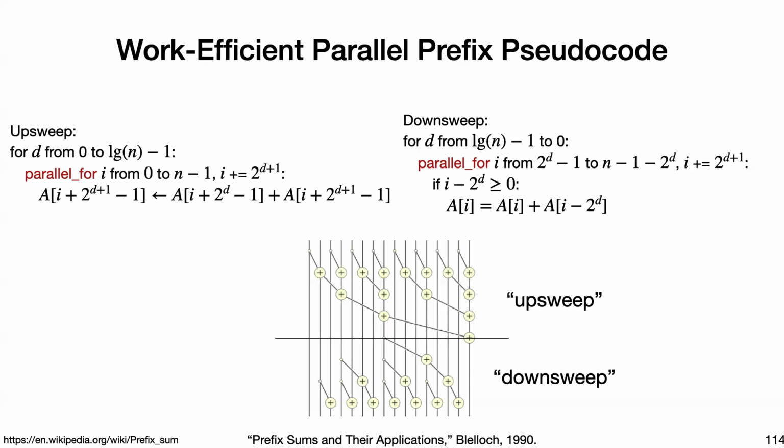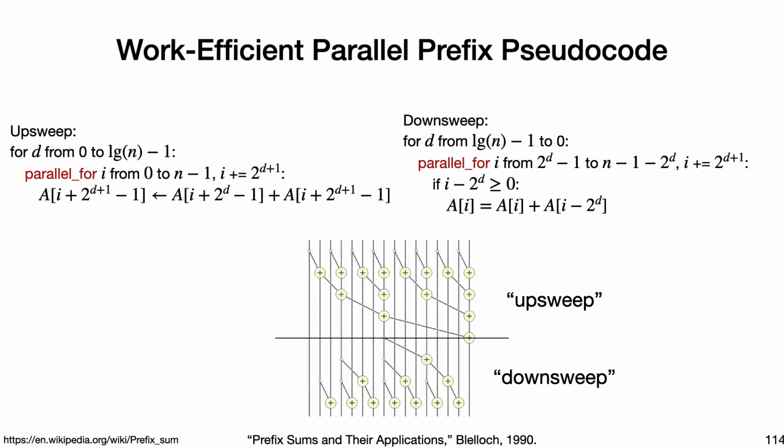Yes, you can think about it. Right now we're just in the work, so we don't have to worry about the forking part yet. So the work of the upsweep is n, because if you sum these up, n over 2, n over 4, n over 8, and so on, they'll sum up to theta n additions.